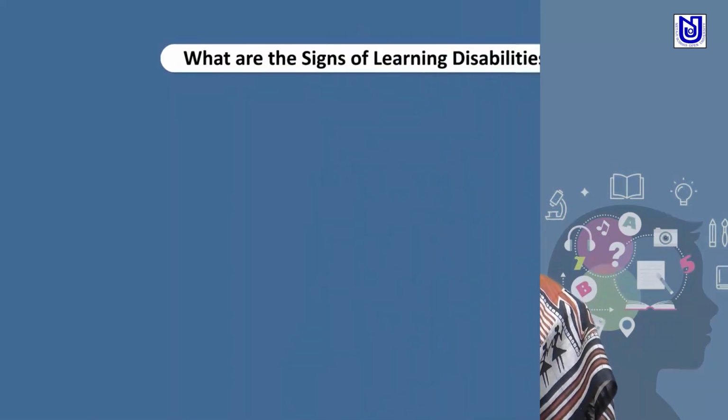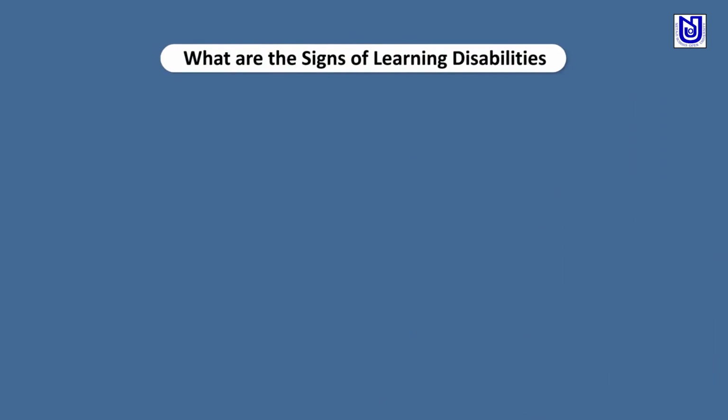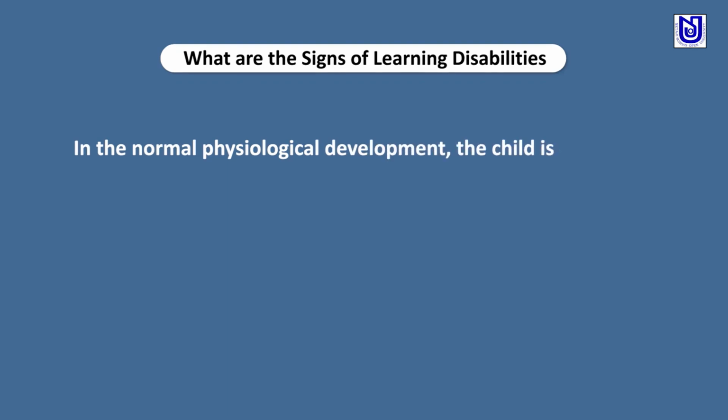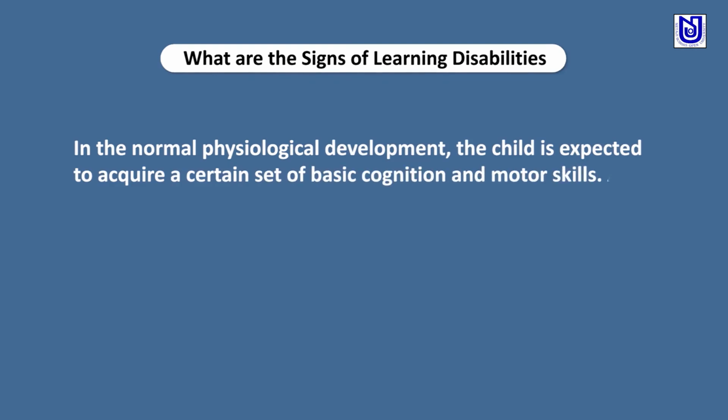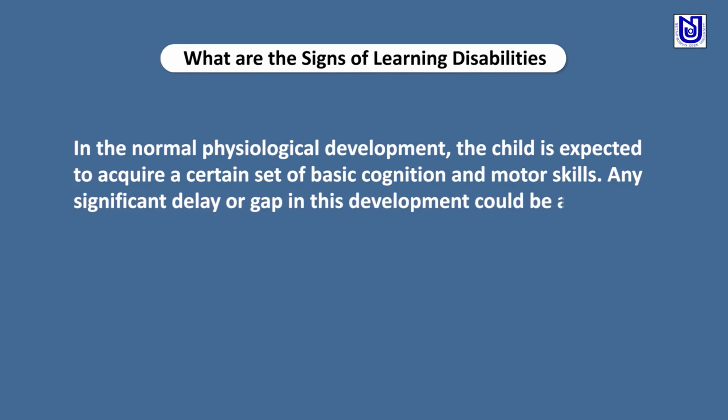Now come to the signs of learning disability. In normal physiological development, the child is expected to acquire a certain set of basic cognition and motor skills. Any significant delay or gap in this development could be a sign of learning disability or of other challenges.